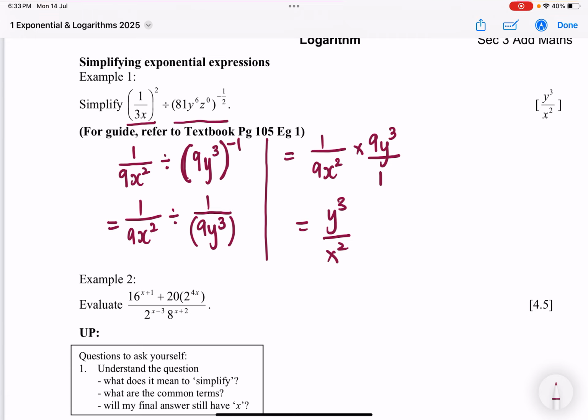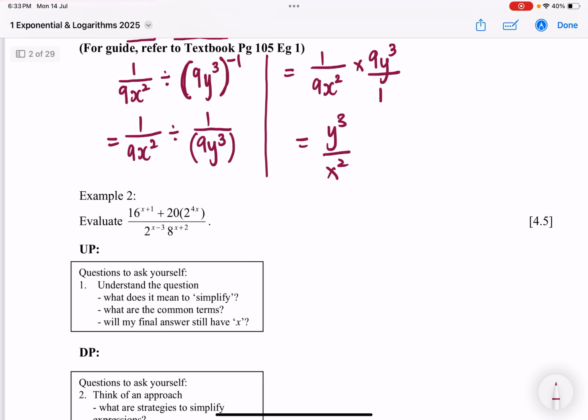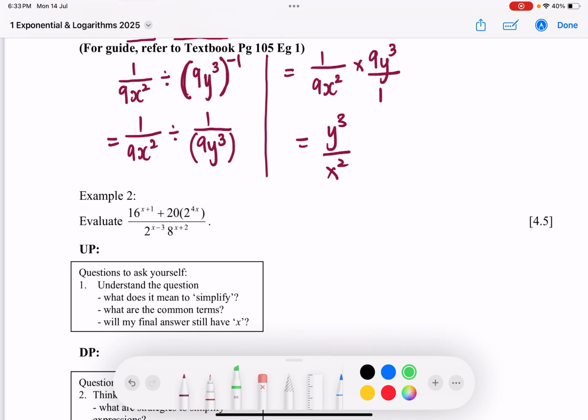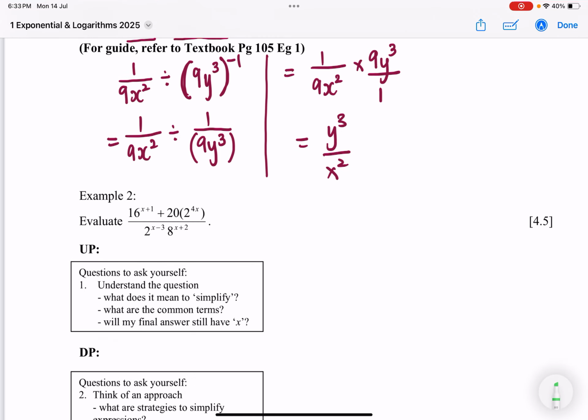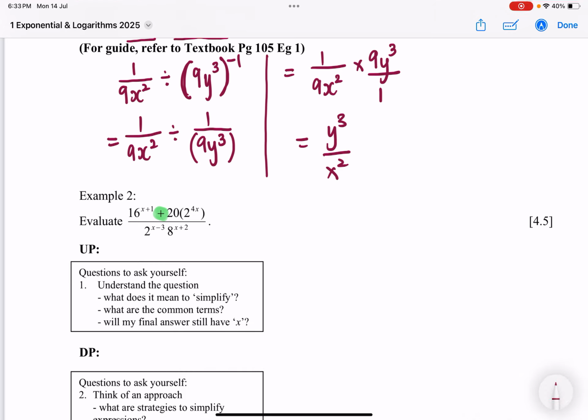Let us look at example 2, where something is slightly different. Okay, so if you realize, one of the key differences for example 2 is, of course, it's a fraction. That just means it's a bit more complicated. But the other key difference is that there's a plus here. And pay attention to this because remember just now I highlighted that the two sets of rules I grouped together can only be applied when there's a product or a division.